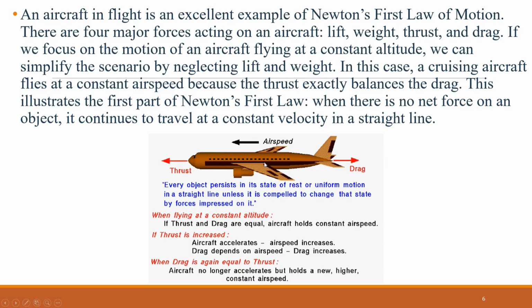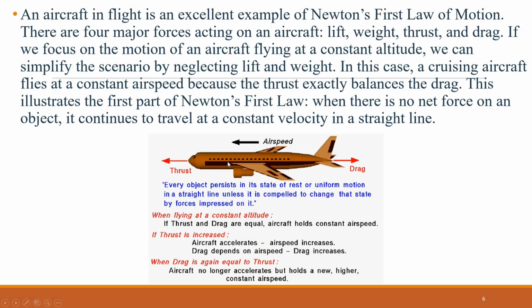If we focus on the motion of an aircraft flying at a constant altitude, we can simplify the scenario by neglecting lift and weight. In this case, a cruising aircraft flies at a constant airspeed because the thrust exactly balances the drag. This illustrates the first part of Newton's first law. When there is no net force on an object, it continues to travel at a constant velocity in a straight line.